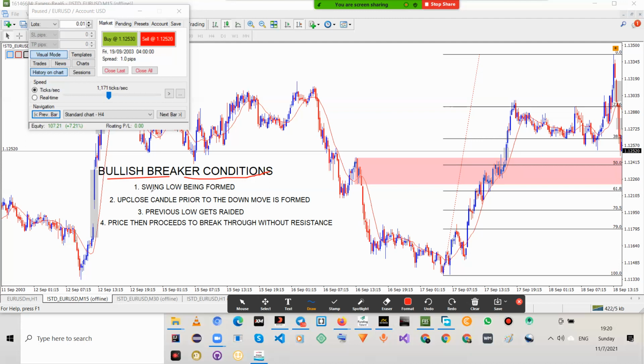And the last one is price then proceeds to break through resistance without resistance. This one I could say is one of the major ones for this condition. For this bullish breaker, this condition is the most valuable, I could say.